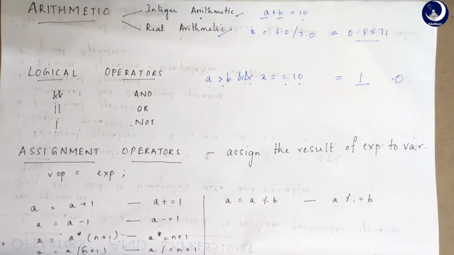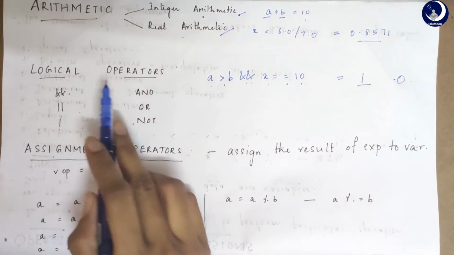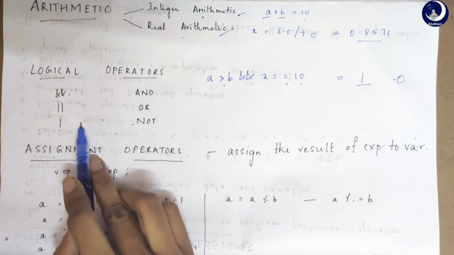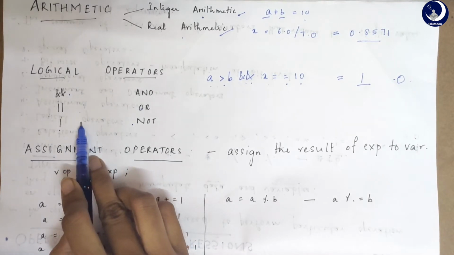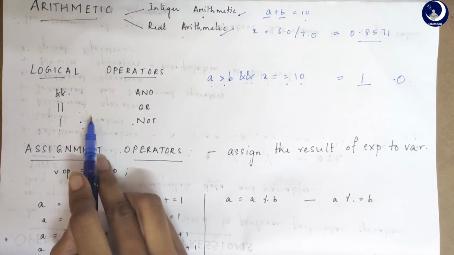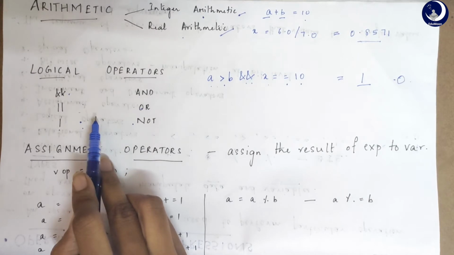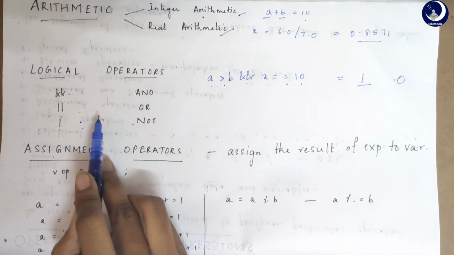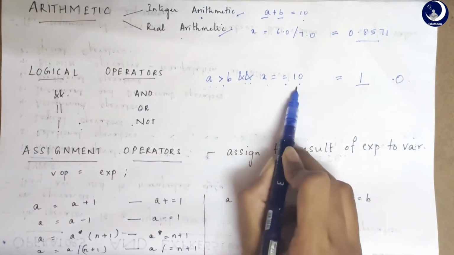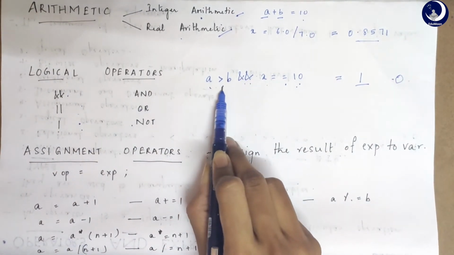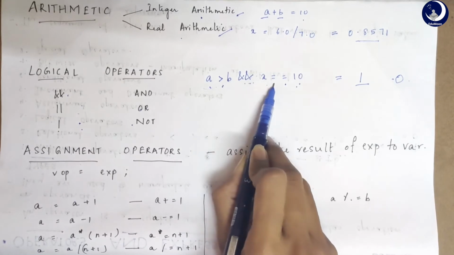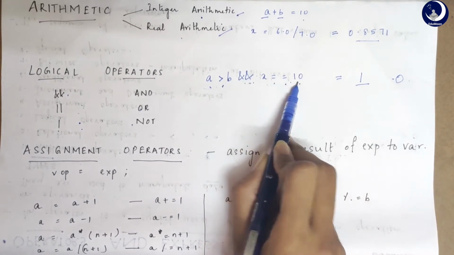The third type is the logical operator. Logical operators have 3 operators, which are logical AND, logical OR, and logical NOT. When we have to combine 2 or more relational expressions, it is called a logical expression. Consider the statement a greater than b and x is equal to 10.